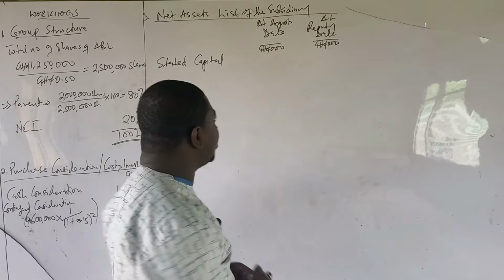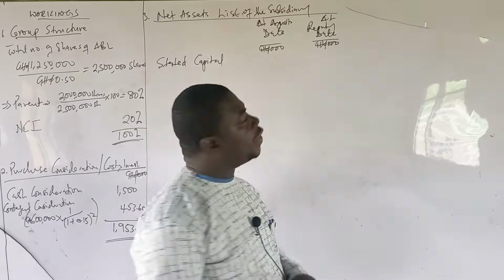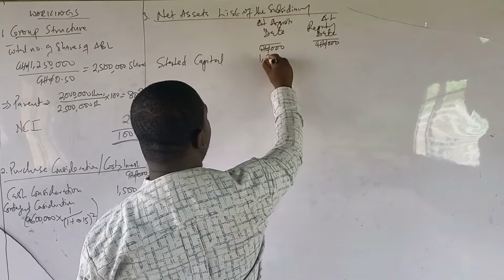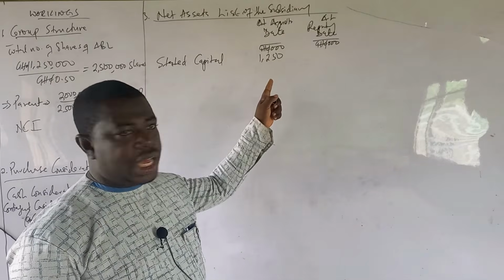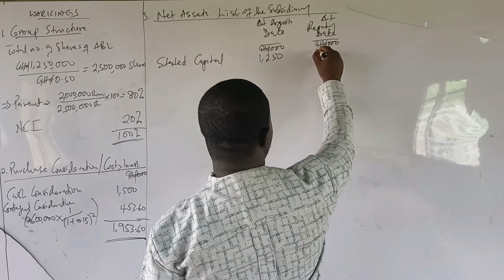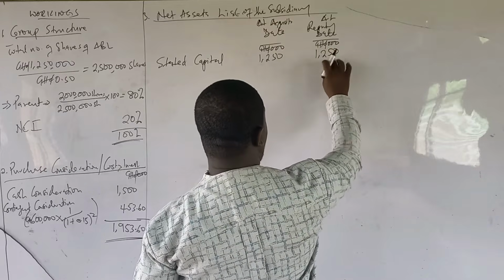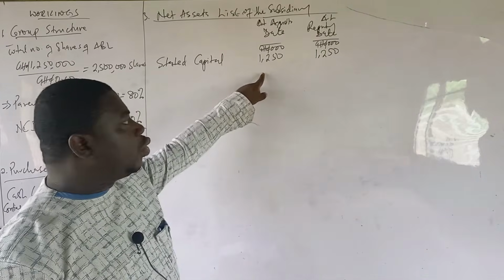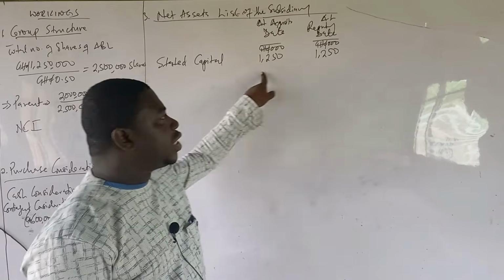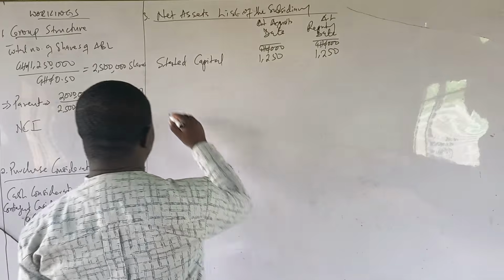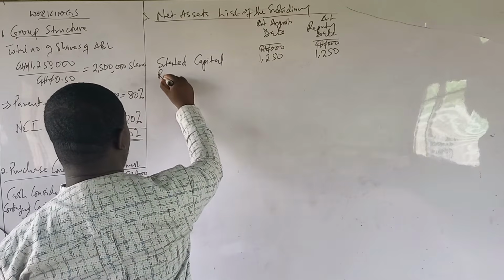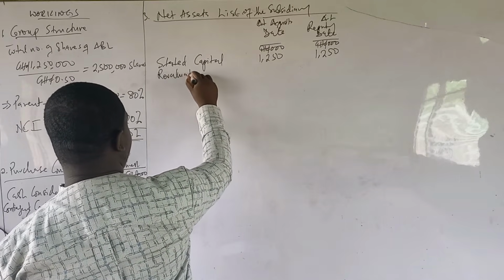Now, at acquisition date, the stated capital of the subsidiary is 1,250,000. We are told that there were no changes. And that means that at reporting date, it's also, actually, this is what we even have at reporting date. But we are told there were no changes, meaning that it was the same at acquisition date. And then also we have the revaluation surplus from the statement of financial position.